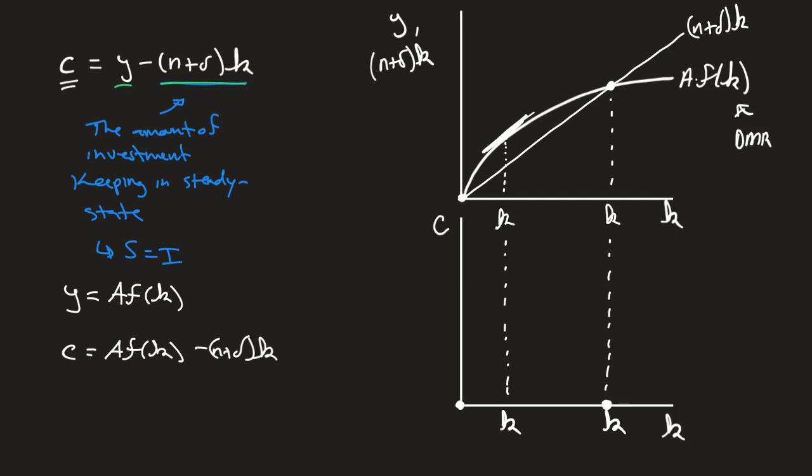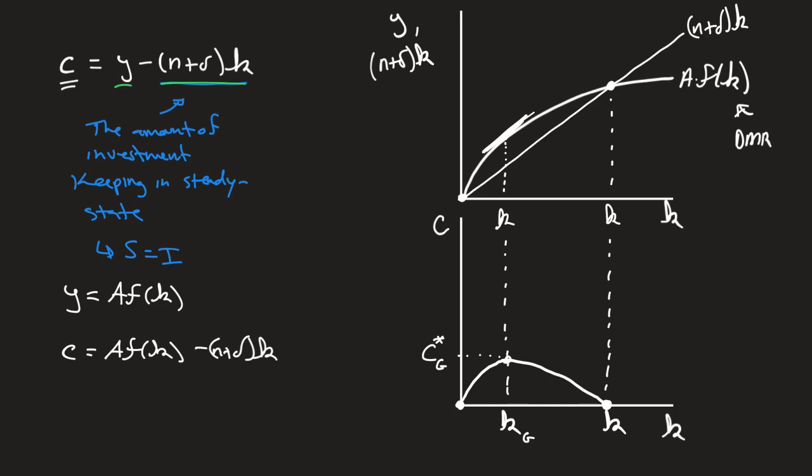Notice that consumption starts going up, hits the top, and then comes down. This right here is my level of consumption. This maximum level of consumption is what we call C star. Sometimes you'll see a little G on the bottom here, and that's the golden rule level of capital.